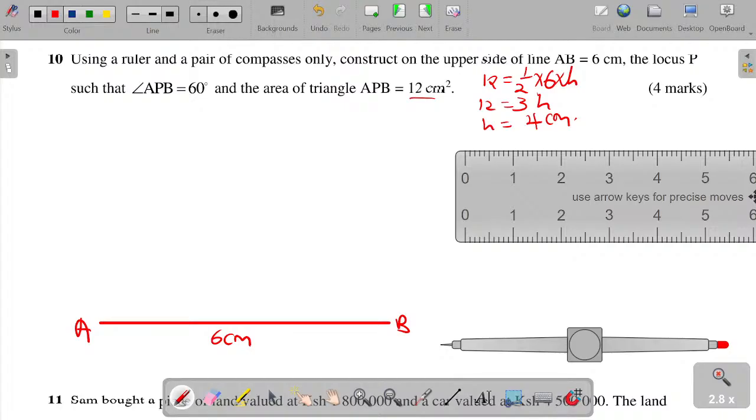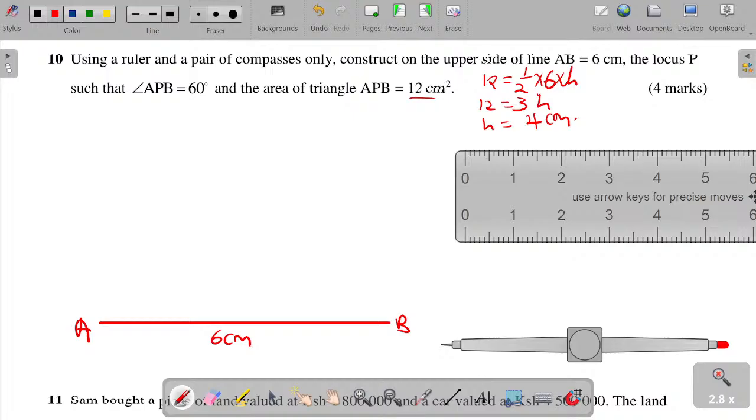You must have learned about what is called the constant distance locus and the constant angle locus. Now, I want to take you back to the property that says the angle at the center is twice the angle at the circumference.